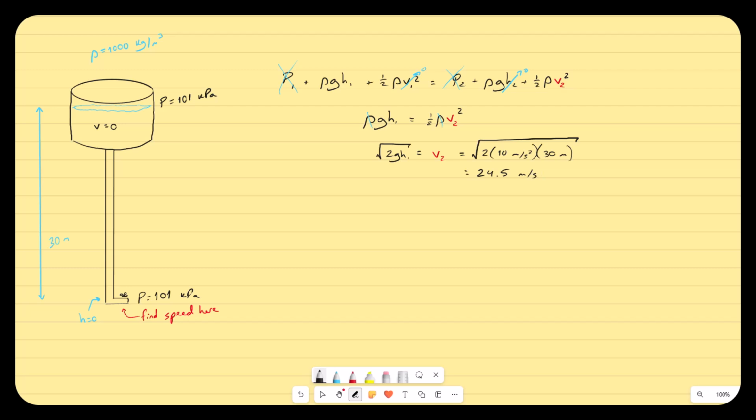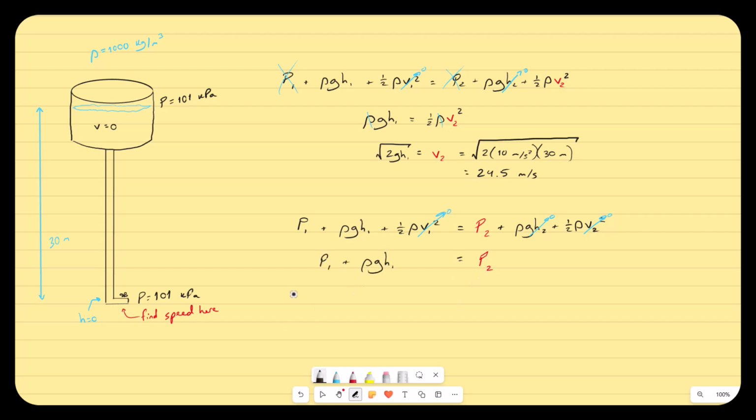What if we close the spigot and now we want to find the pressure down at the bottom because we're not open to the air anymore? Then we would say P1 plus rho g h1. So now we're looking at this. When the spigot's closed, this height's still 0. When the spigot's closed, there's no water motion. So we can solve for P2.